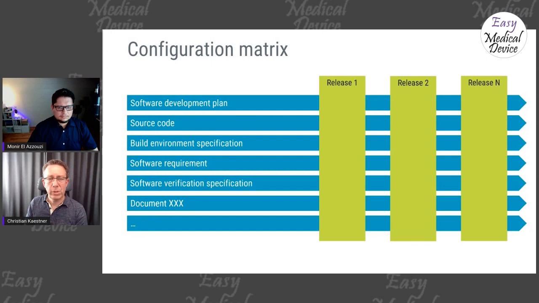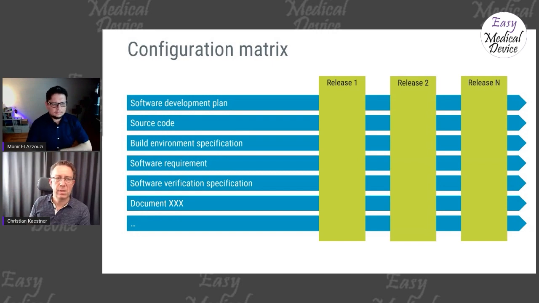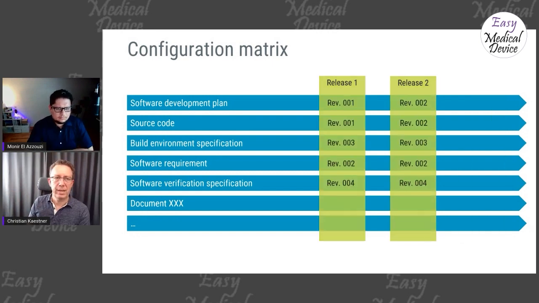When you release, it's a snapshot of versions of these configuration items. It could look like this: for release 1, we have certain revision numbers, and for release 2, you have other revision numbers. The configuration matrix is very helpful to determine what has changed, so it can give you a kind of impact assessment of the changes you've made.